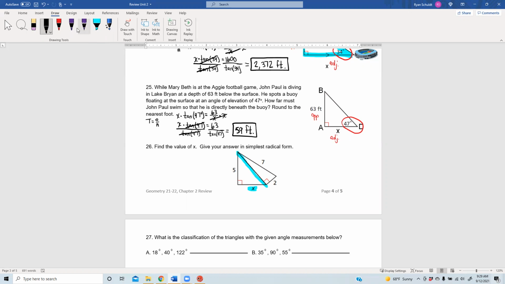So let's see. I'm going to use a small triangle and let's just call this y. To get y first. Well, there's the c. So 7 is my c. So let's see. 2 squared plus y squared equals 7 squared. Okay, well, it's going to be 4.